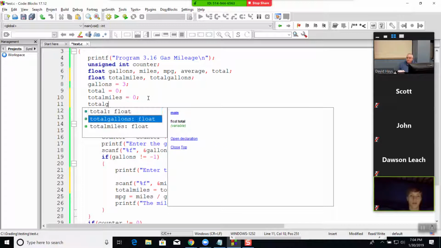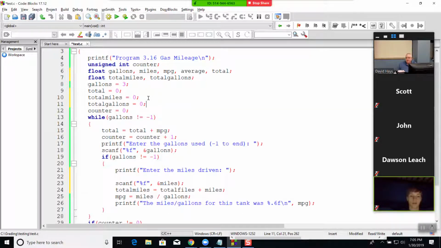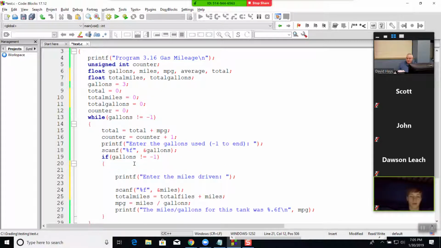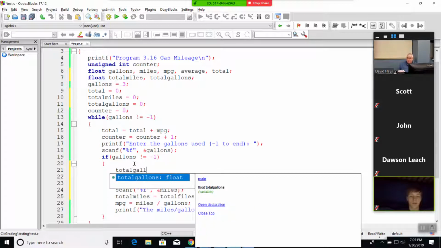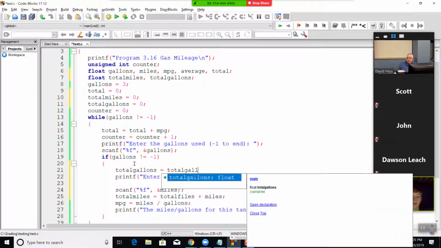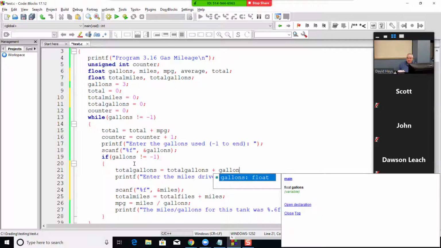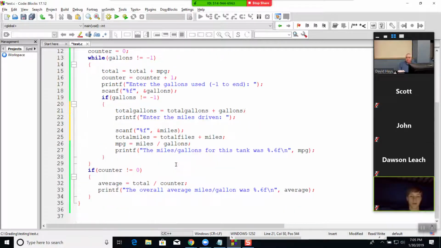Now set total gallons equal to 0. Gotta put that inside here. Total gallons equals total gallons plus gallons. And the question is, did I get the same result?